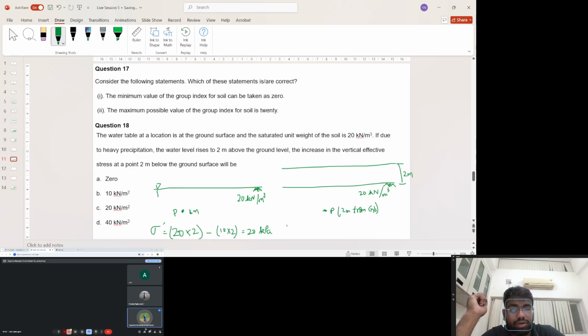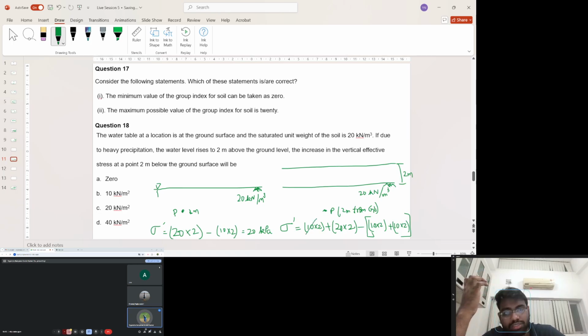Now let us calculate the effective stress. Now effective stress will be the pressure due to water above the ground 10 into 2 plus the due to the soil 20 into 2 minus the pore pressure due to the above water column 10 into 2 plus 10 into 2, which is pore water pressure below the ground level.